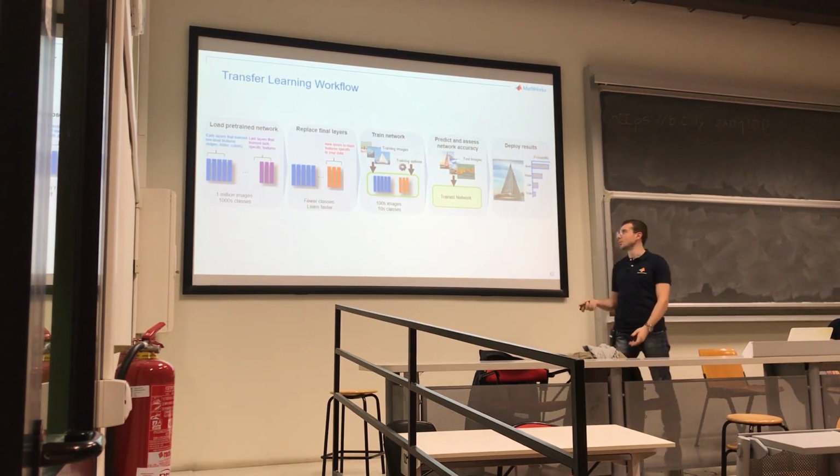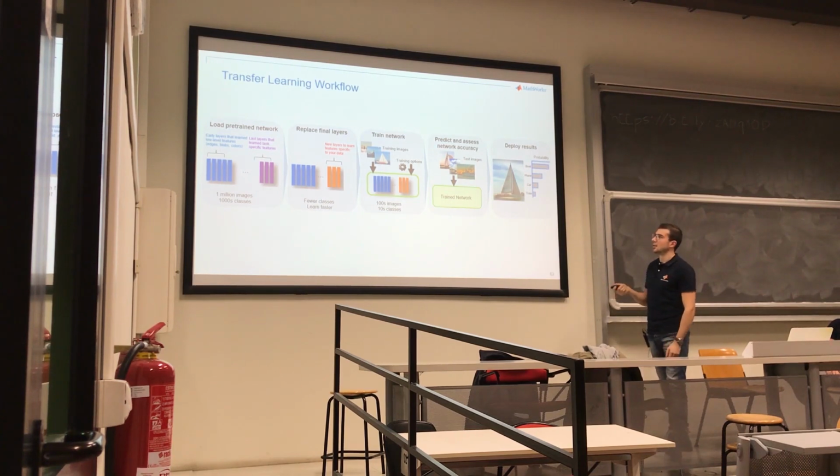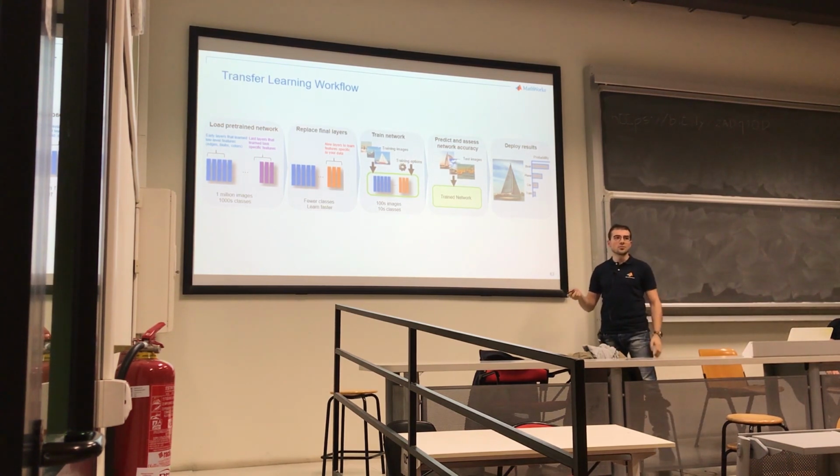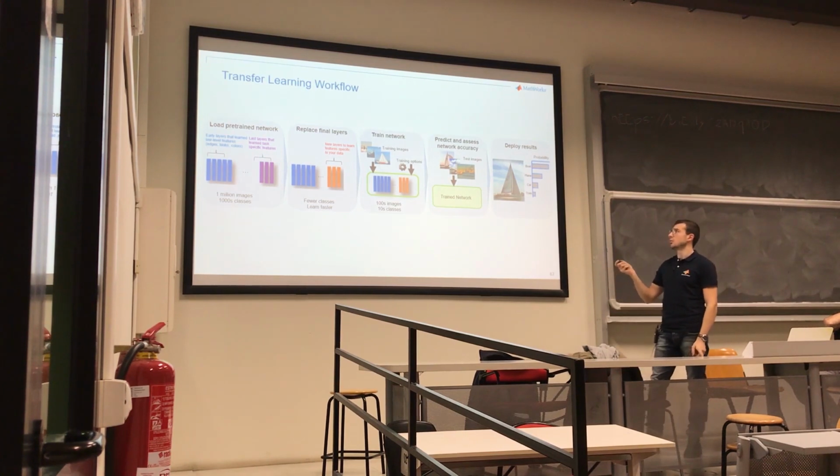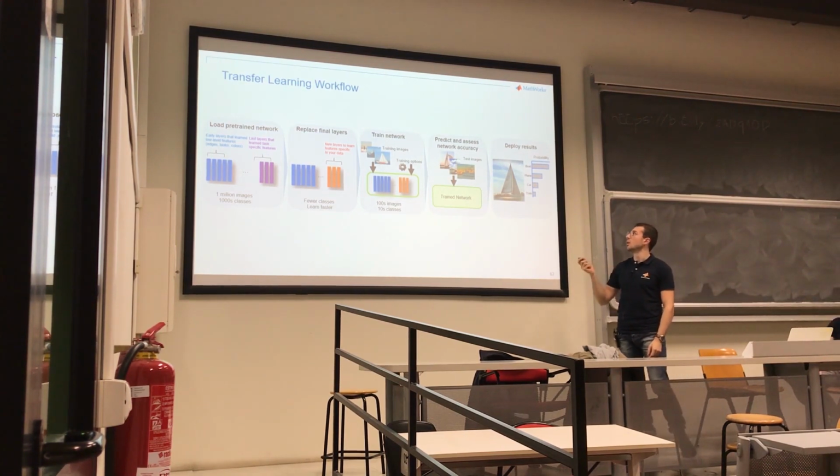Sorry if I go so fast, but we are in a bit of a hurry. So, it's clear. We start from a network, we change the classification layer, the last part, with a new training, but a lighter training than the one we would need if we trained the whole network. And then we have a network that is functioning very well on the new images.